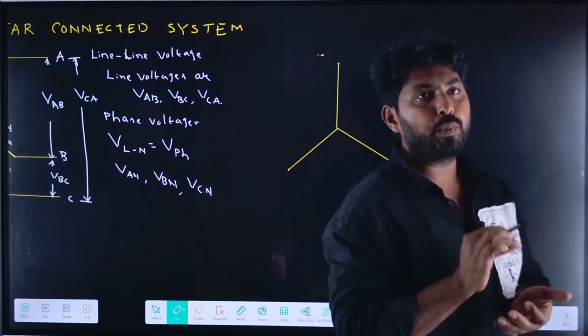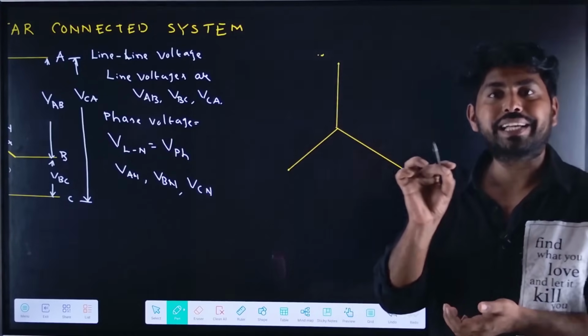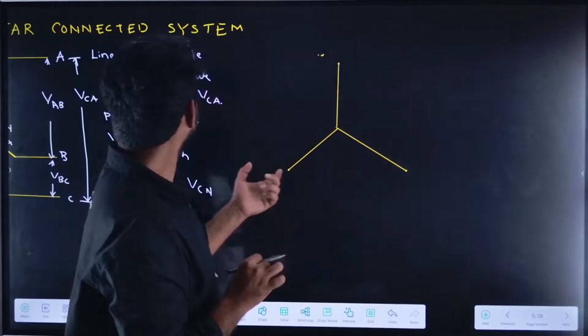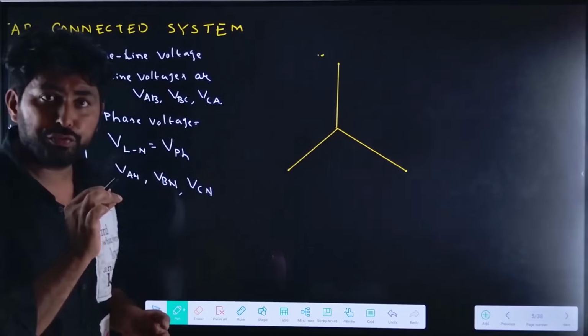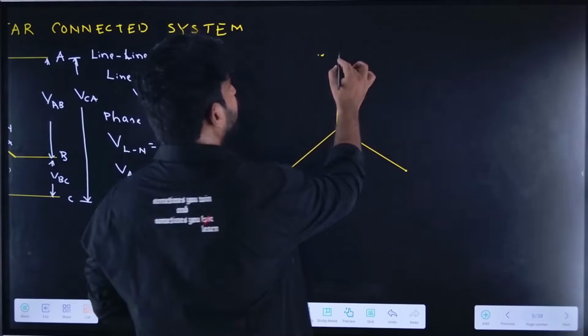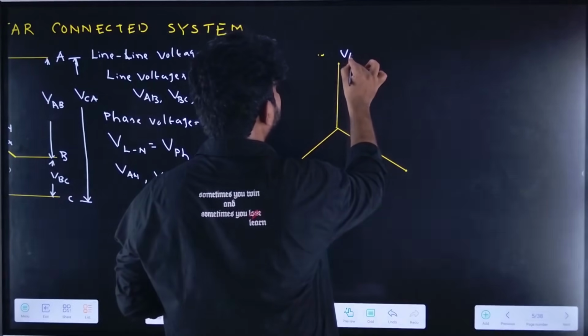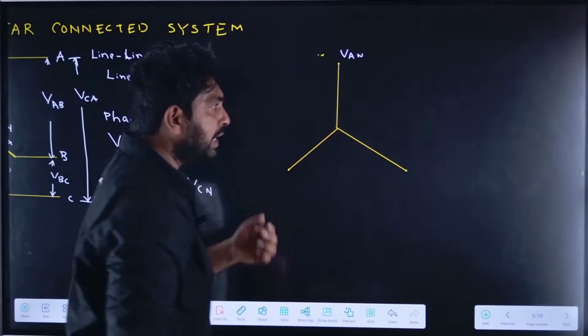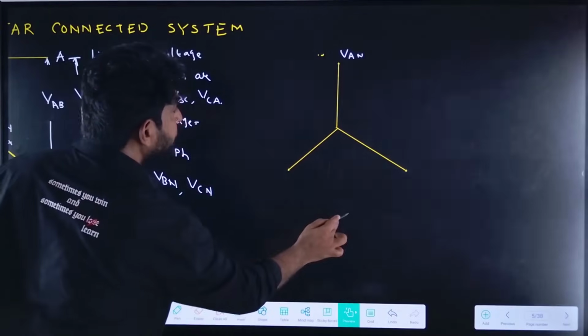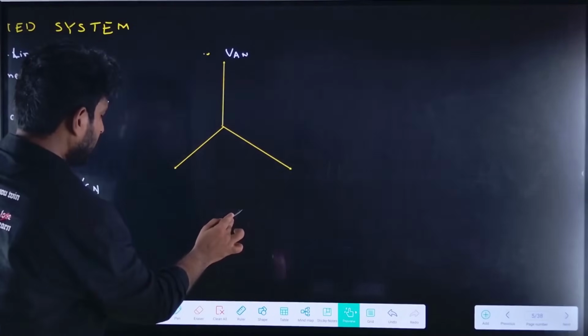Understand this point: which phase we are taking as the reference is most important. Here we are taking VAN, the phase voltage between A and N, as the reference.